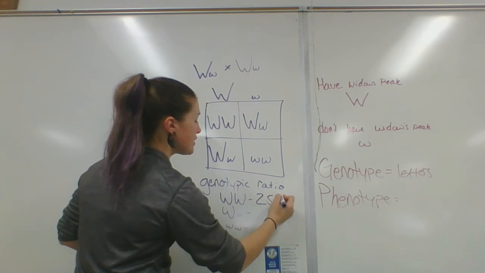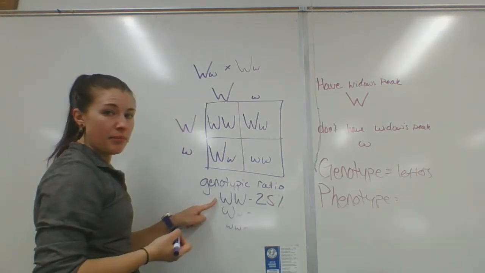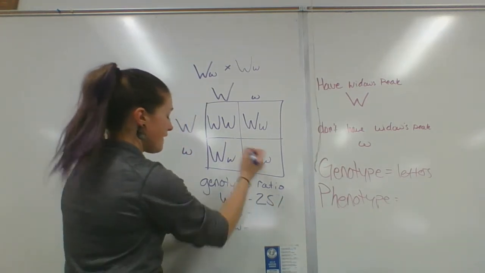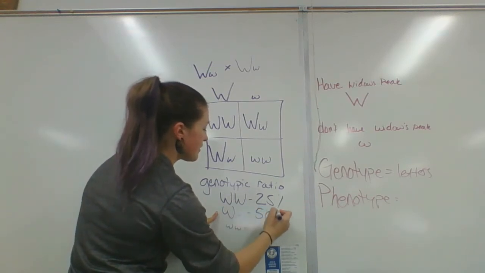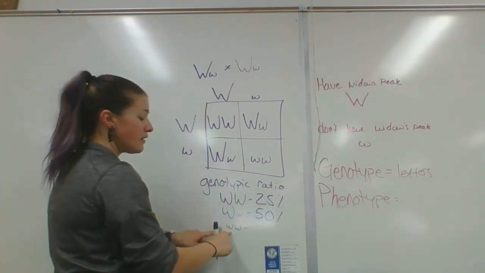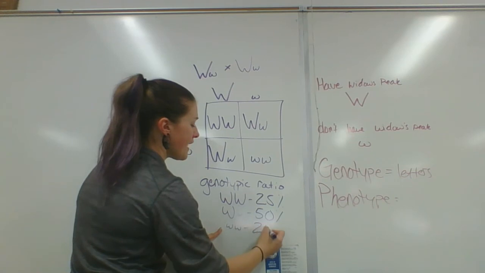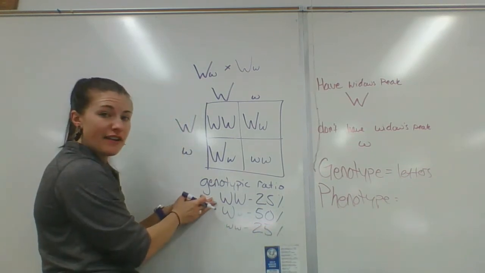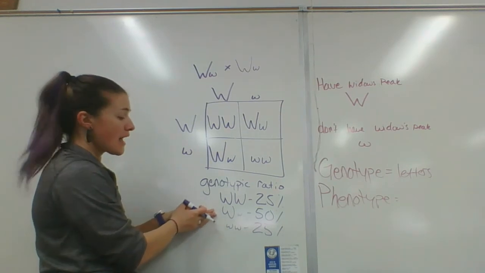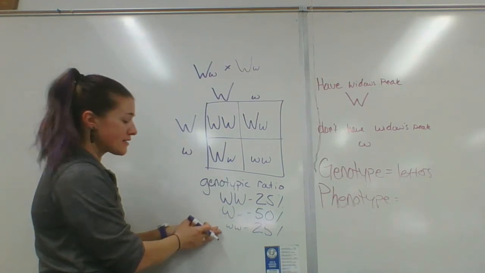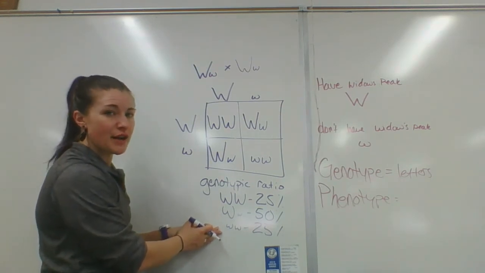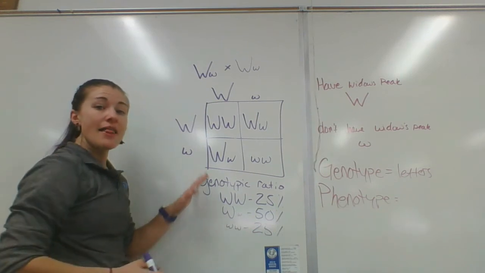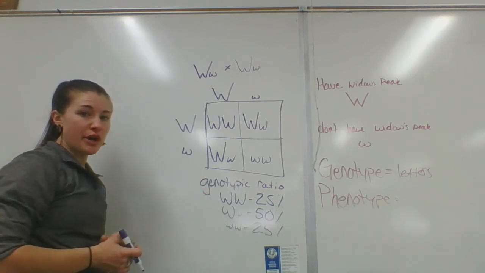So 25% big, big, 50% big, little, 25% little, little. So 25% homozygous dominant, 50% heterozygous, 25% homozygous recessive. That would be my genotypic ratio.